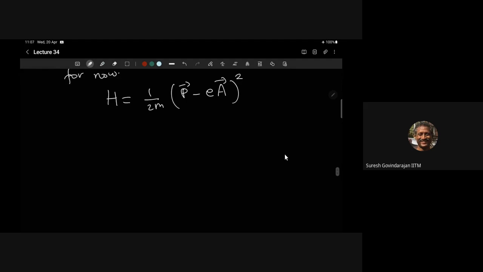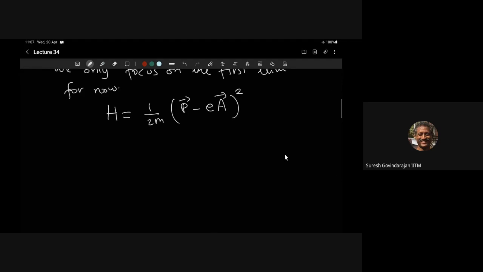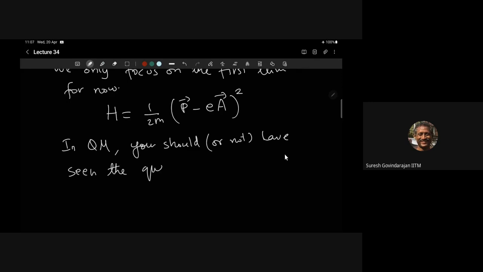In principle, in your quantum mechanics course, you should have done the quantization, or seen the spectrum, of a charged particle in a magnetic field.